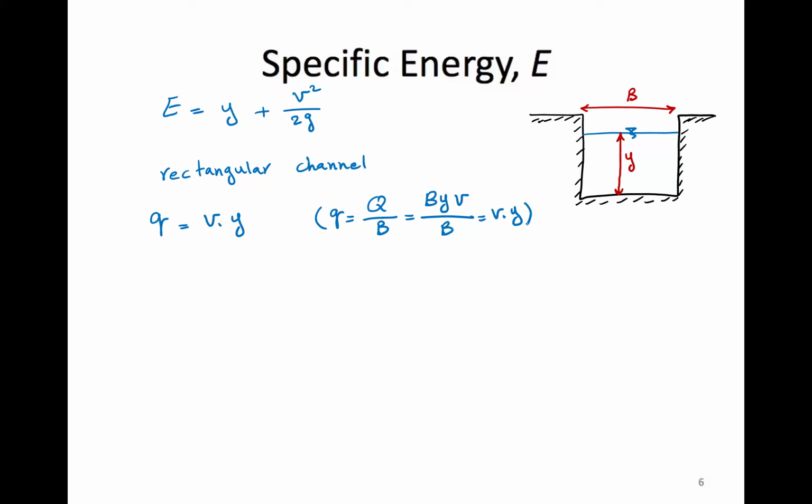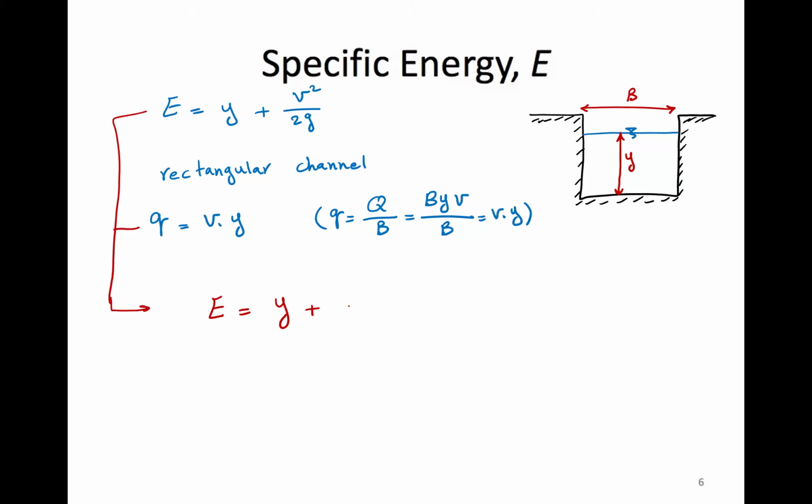Okay. Now let's see, how does it help us? Let's plug this back into the specific energy equation. So the specific energy equation will be equal to Y, doesn't change, the same thing, depth, plus, instead of velocity, we can replace velocity by q divided by Y, but it's a square, right?